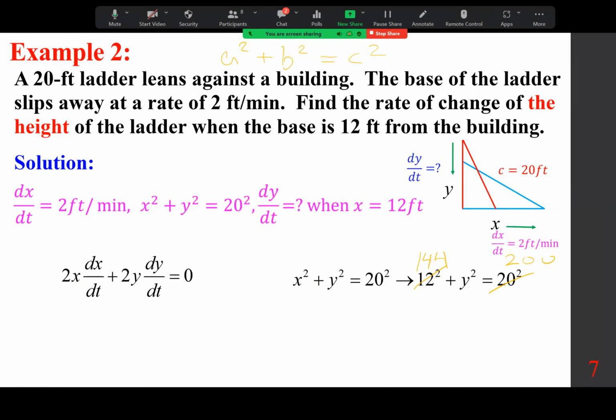This is 20 squared or 400. Subtract 144 from it and take the root, y becomes 16. Because it's 256, and now we have everything we're going to plug in.